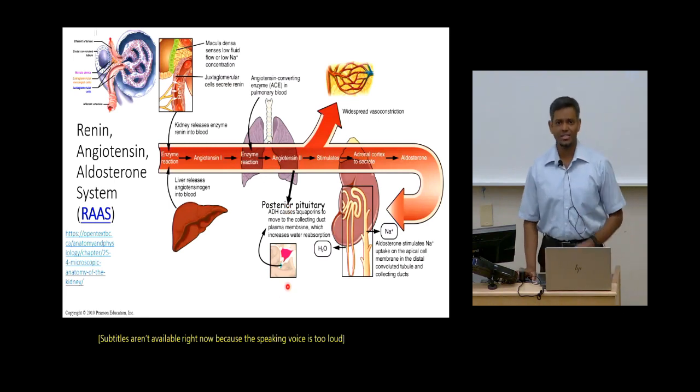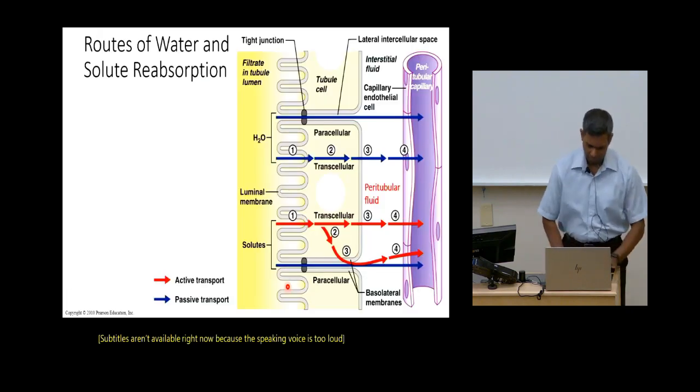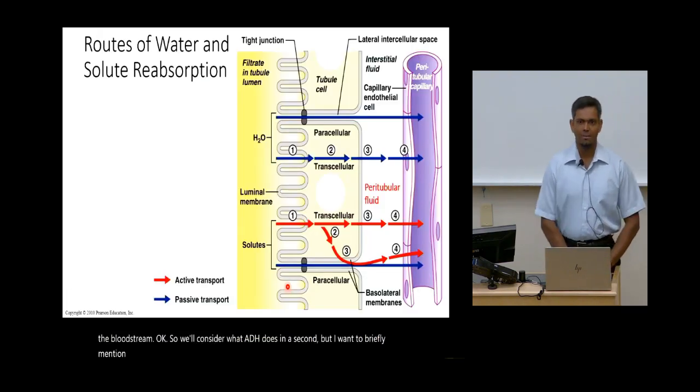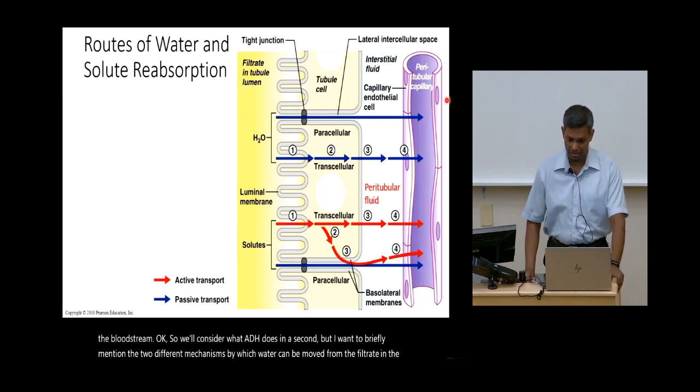So the way it decreases urine production is by having an impact on water being reabsorbed into the bloodstream. Okay, so we'll consider what ADH does in a second, but I want to briefly mention the 2 different mechanisms by which water can be moved from the filtrate in the renal tubules back into the bloodstream.